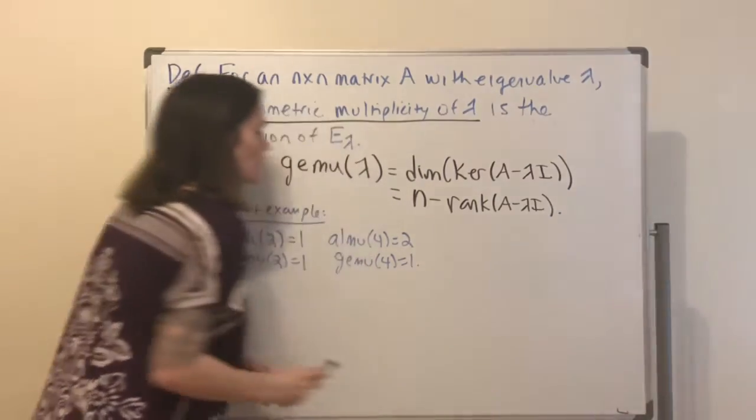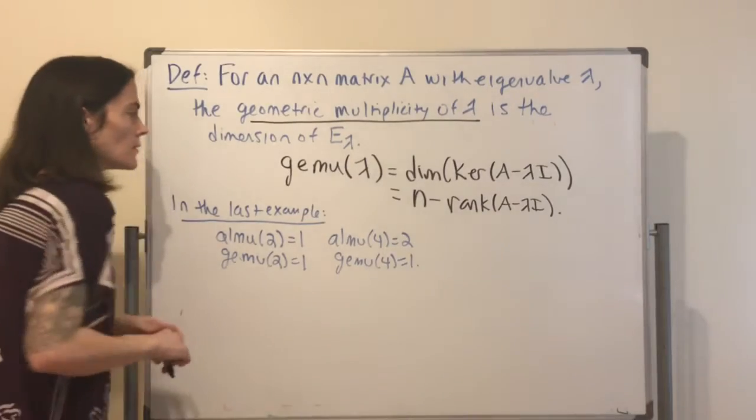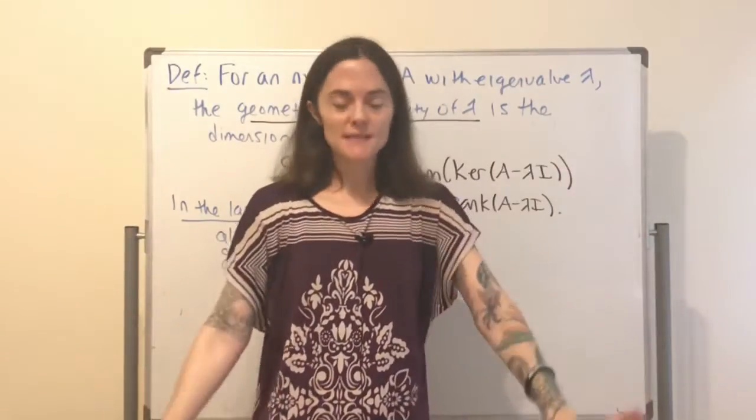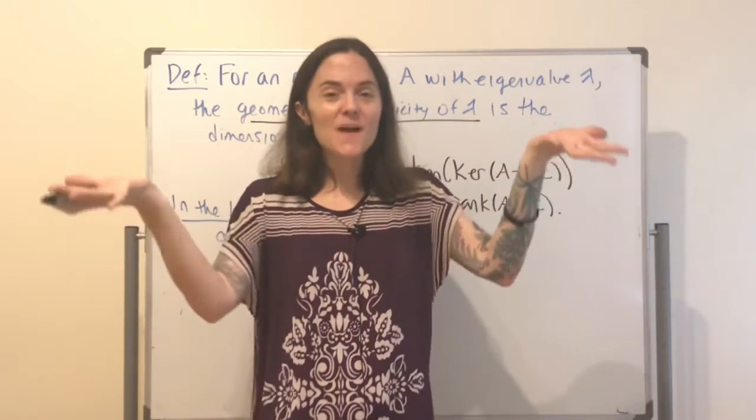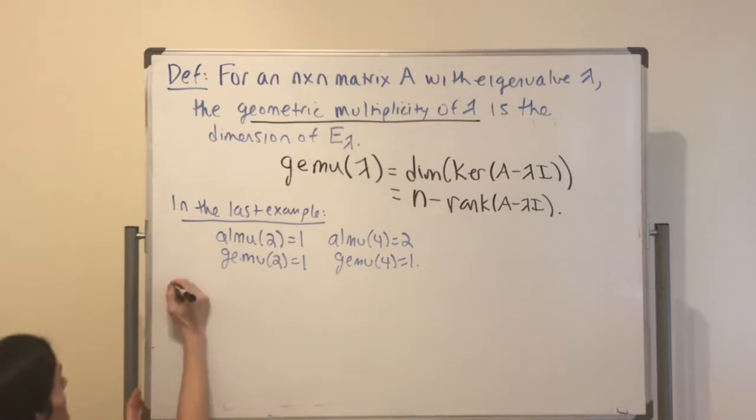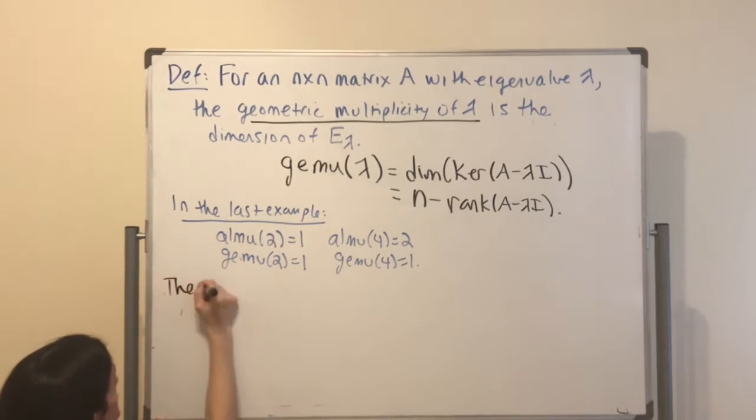Okay, we had that in the last example. Now, with this notion of geometric multiplicity, we can see exactly when a matrix is diagonalizable. And this comes in light of the last discussion we had.